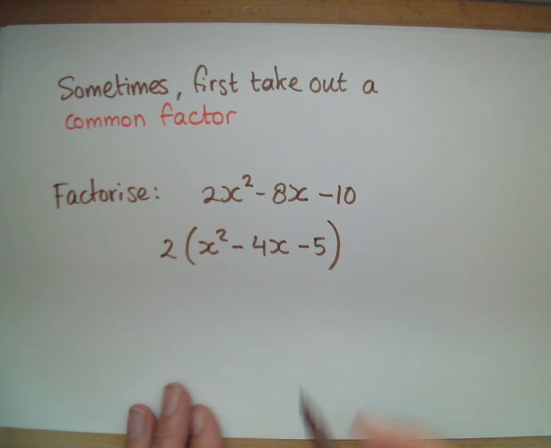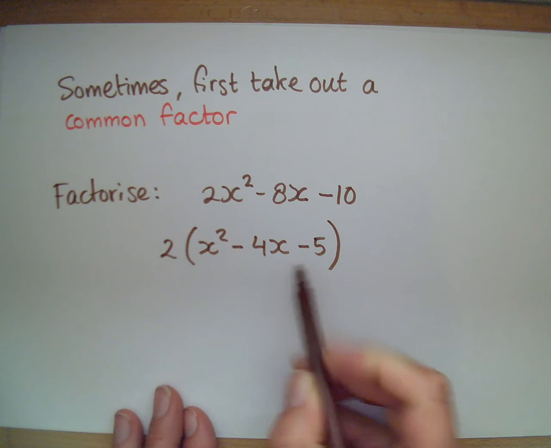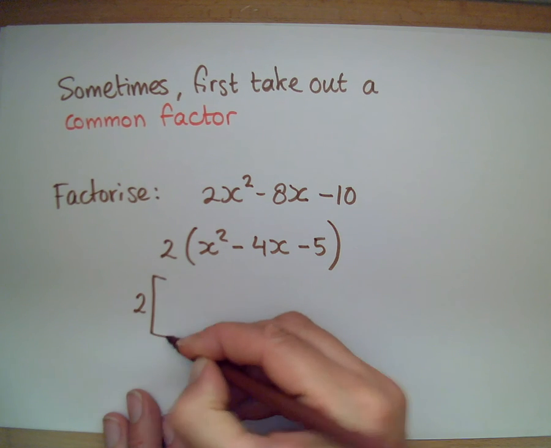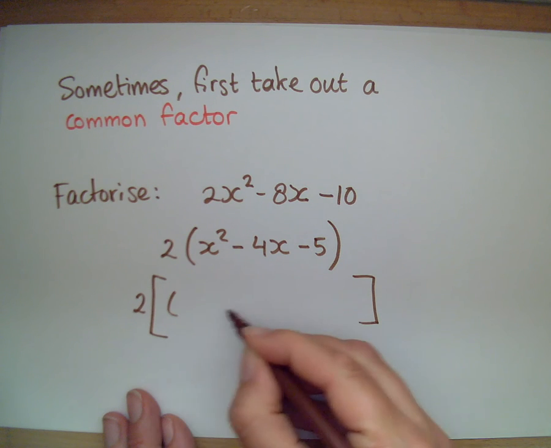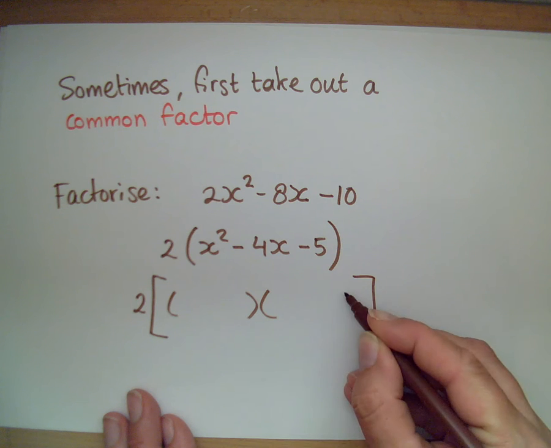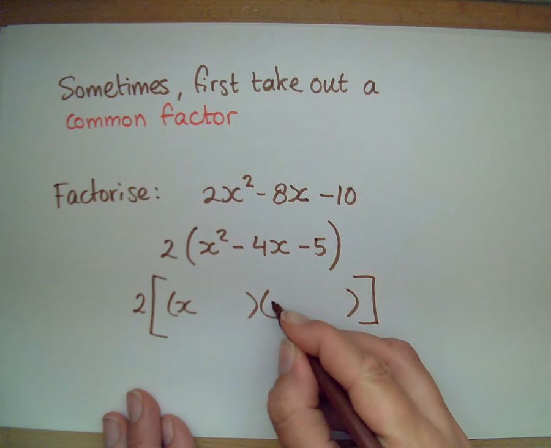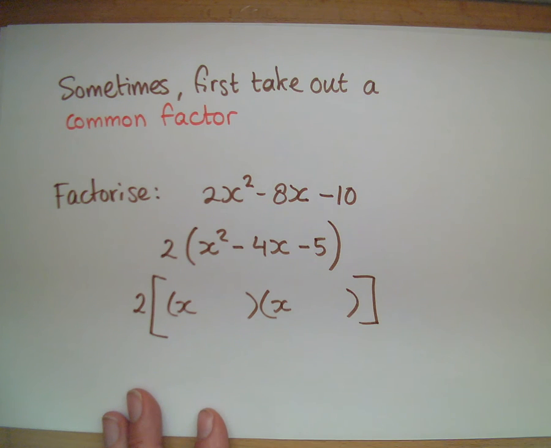And then this bit is just like a simpler quadratic expression, right? We're going to do 2 times this thing, but factorized, right? X squared came from x times x. Now I'm going to look for factors of negative 5.